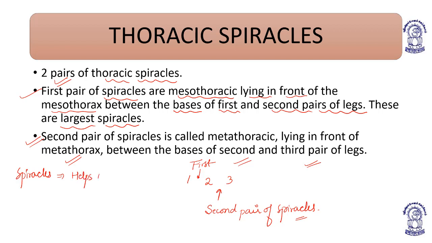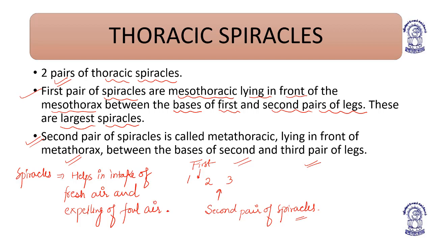They help in intake of fresh air and help in expelling foul air. Right. So we have discussed the thorax, the thoracic sclerites, the thoracic appendages, legs, wings, and thoracic spiracles.